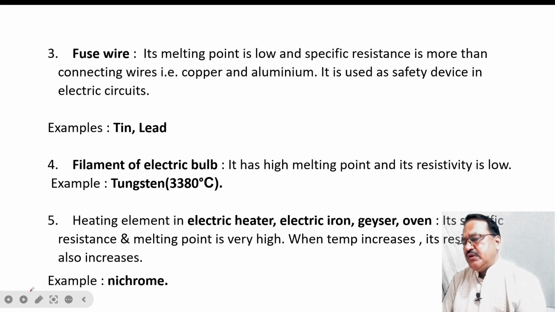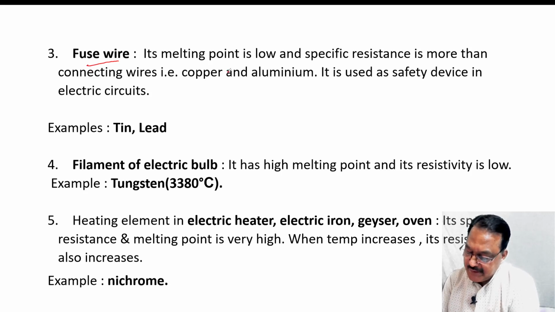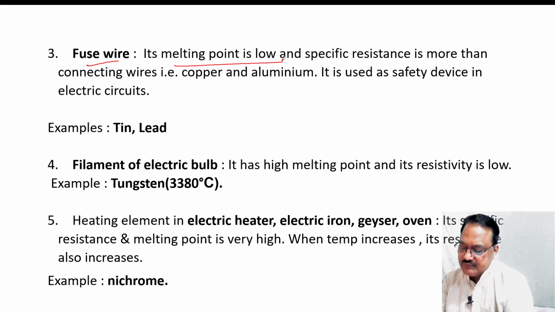For fuse wire, we know this is used for safety purposes. It is a safety device for electrical circuits. Then what is the property of this fuse wire? Its melting point is very low and its specific resistance is very high.